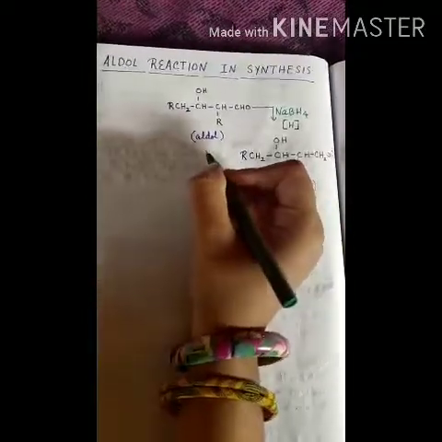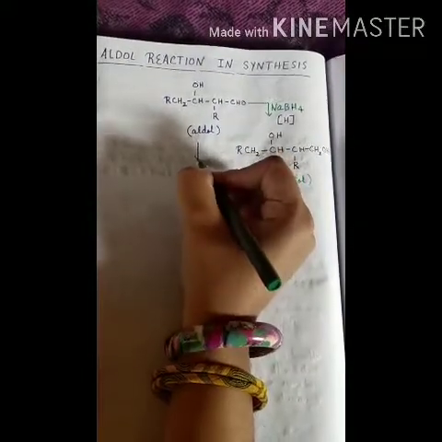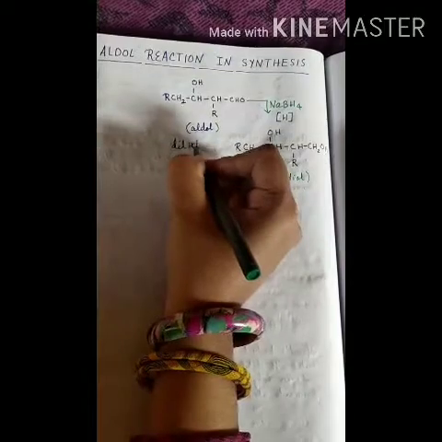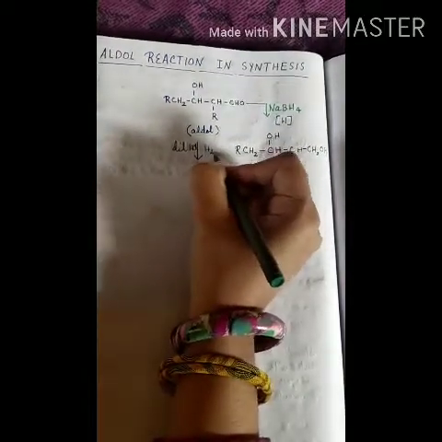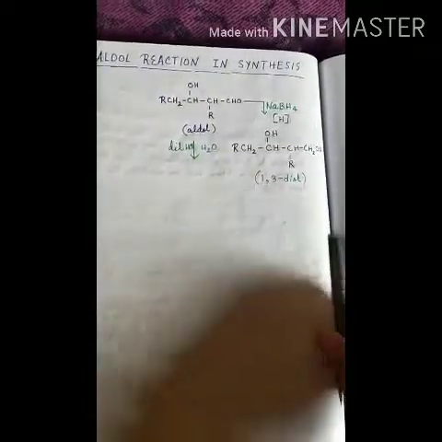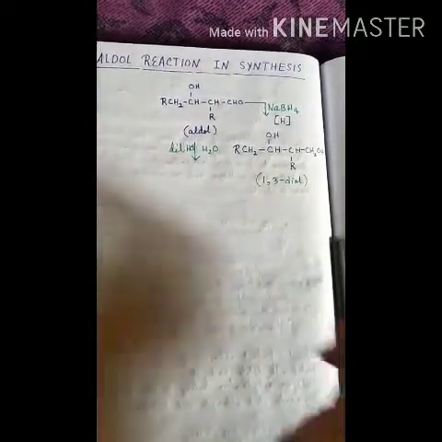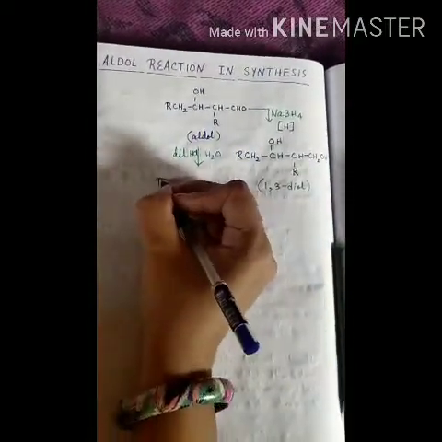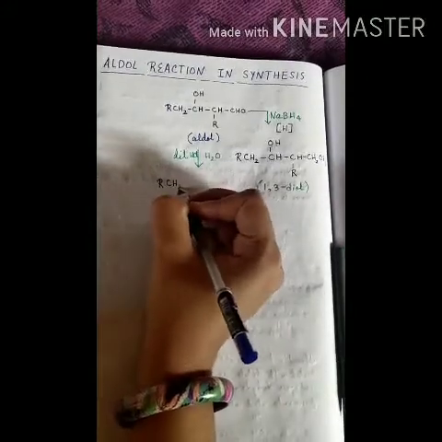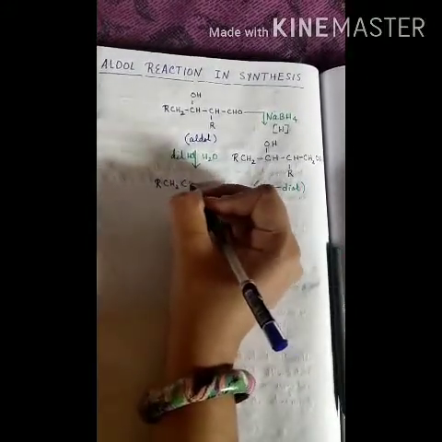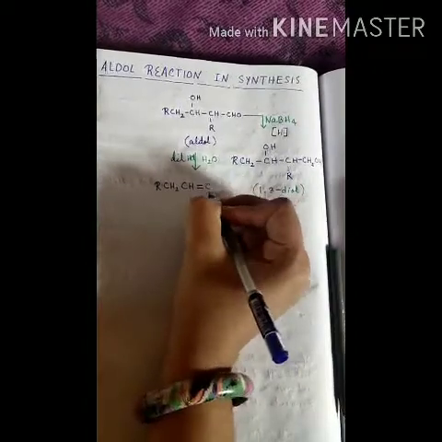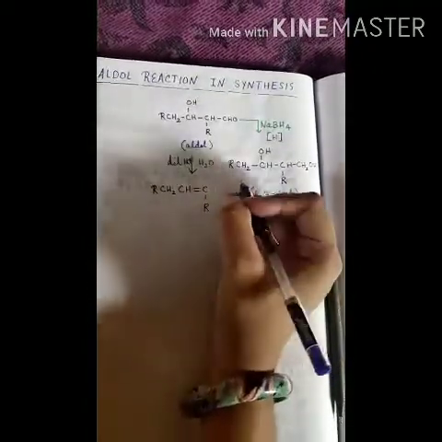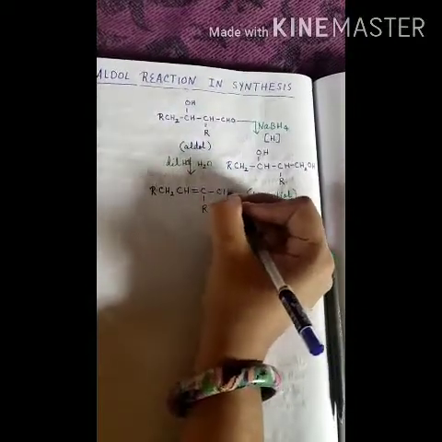Next, if we treat this aldol with dilute acid and water, that is acidic hydrolysis, and if we heat it, just now I have shown you that one water molecule will get eliminated from here and we will get RCH2 CH double bond C, here the hydrogen atom has got out, this H and this OH, and the R is remaining here, CHO.